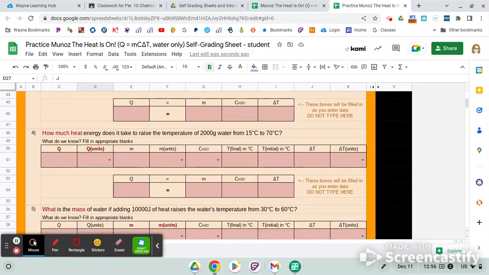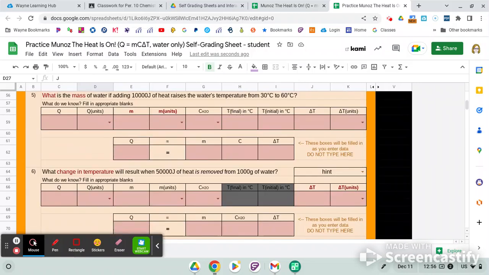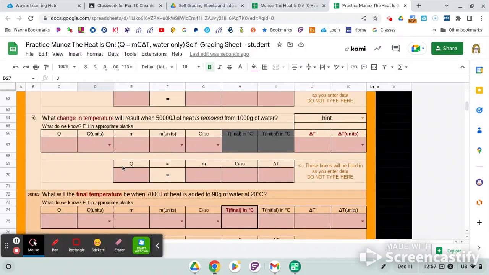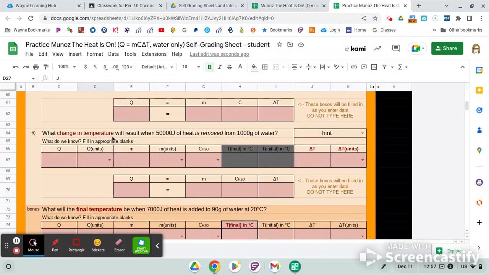There's another one I want to show you, and it is down here. It says, what change in temperature will result when 50,000 joules of heat is removed? If I type in 50,000, it tells me to check my sign.